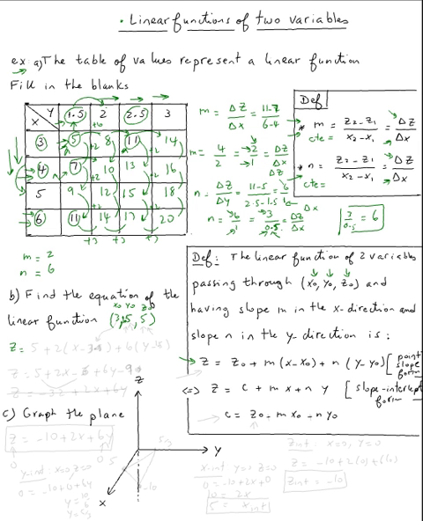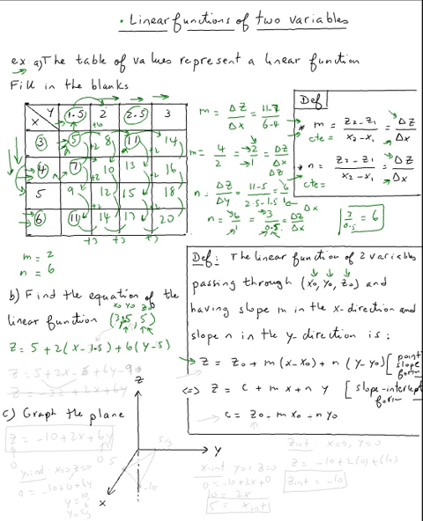So all we need is z0, which is 5, plus the slope m is 2, x minus x0 is 3, plus the slope n, which is 6, and then y minus y0, which is 1.5, right there.